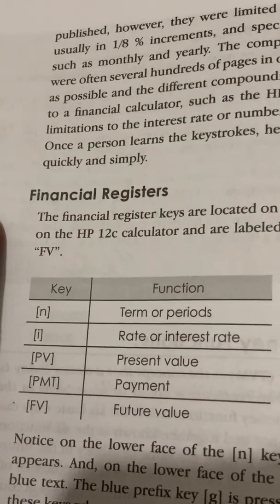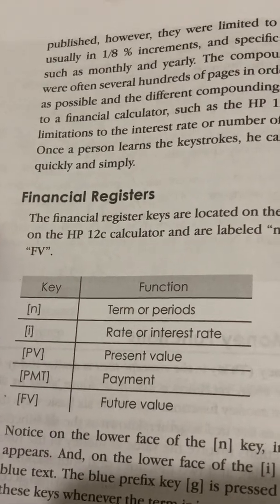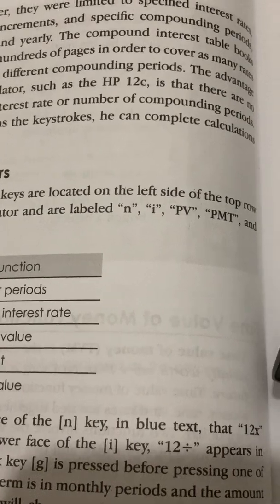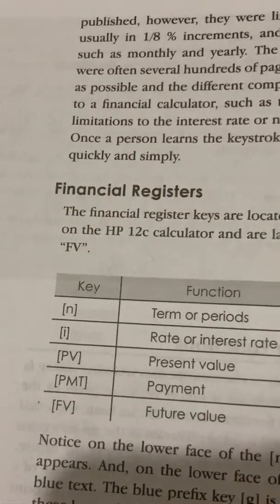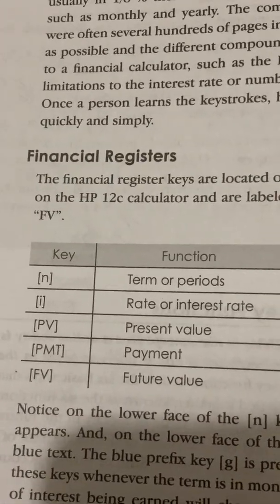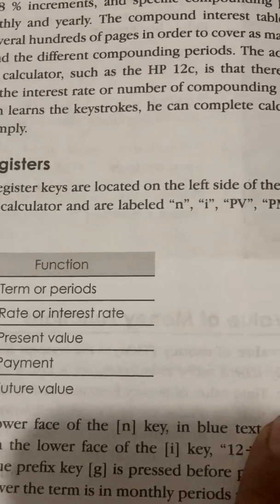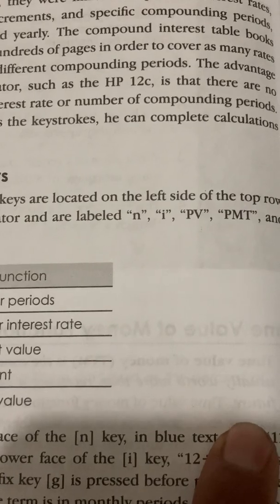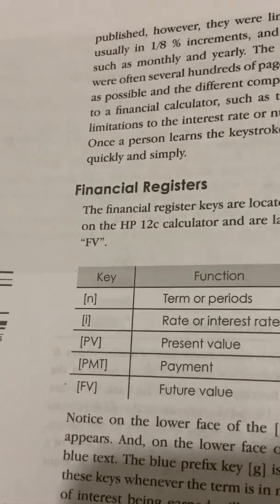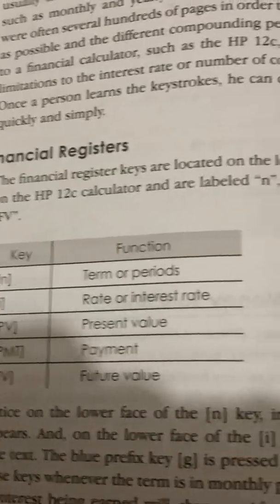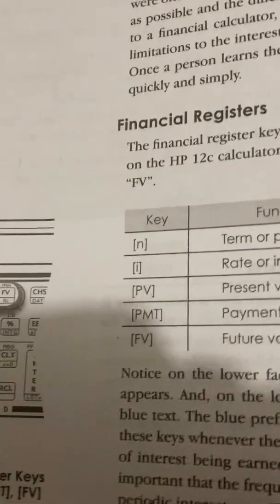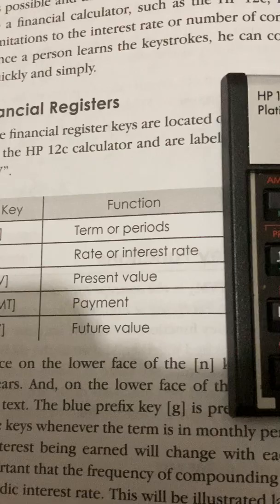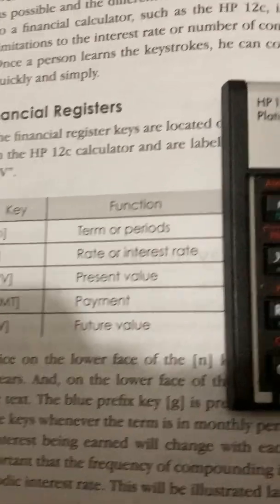Financial registers. The financial register keys are located on the left side of the top row on the HP12C calculator and are labeled N, I, PV, PMT, and FV. The key N is for the term of periods.